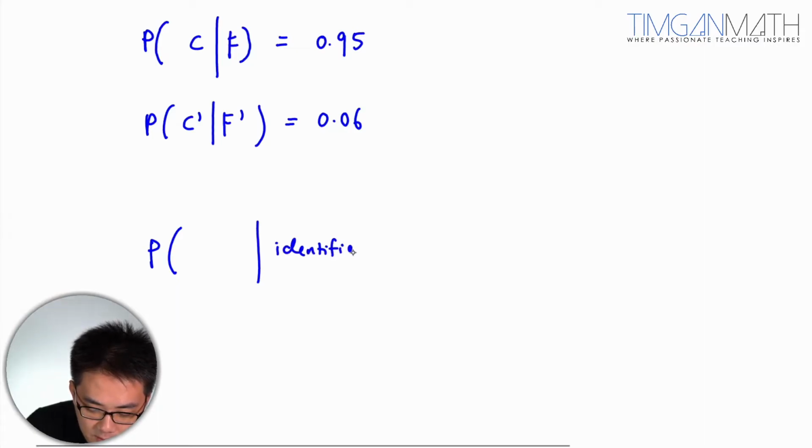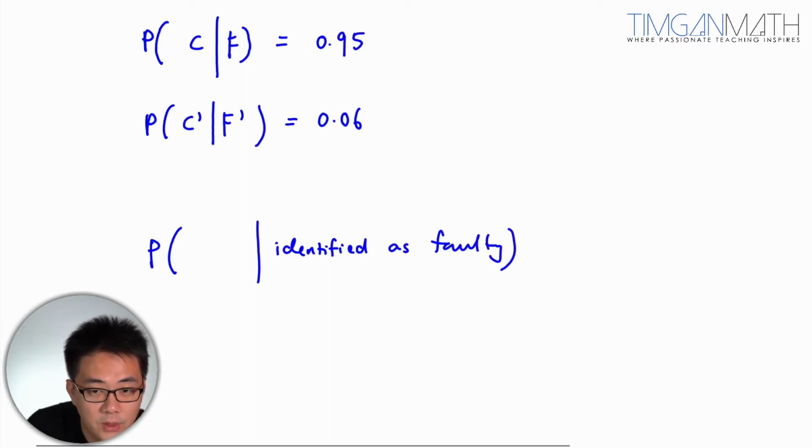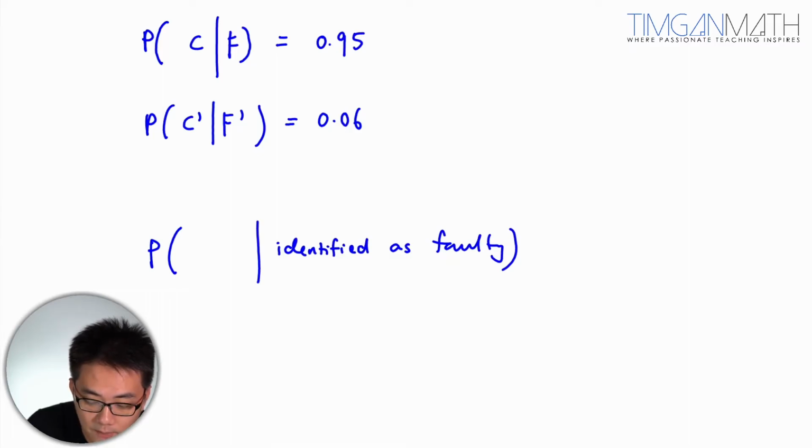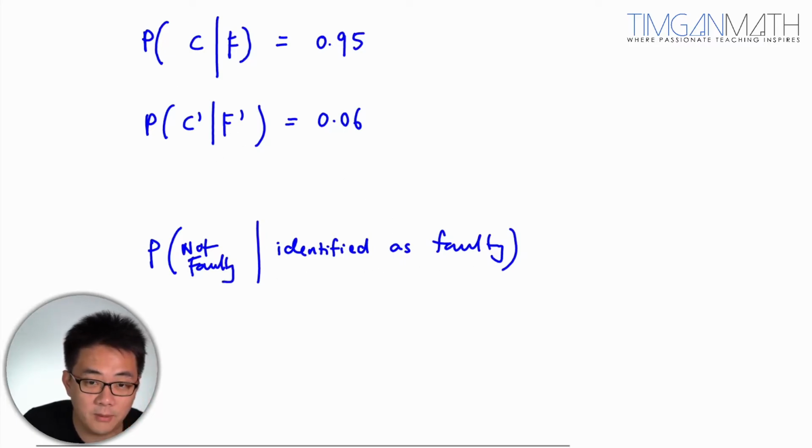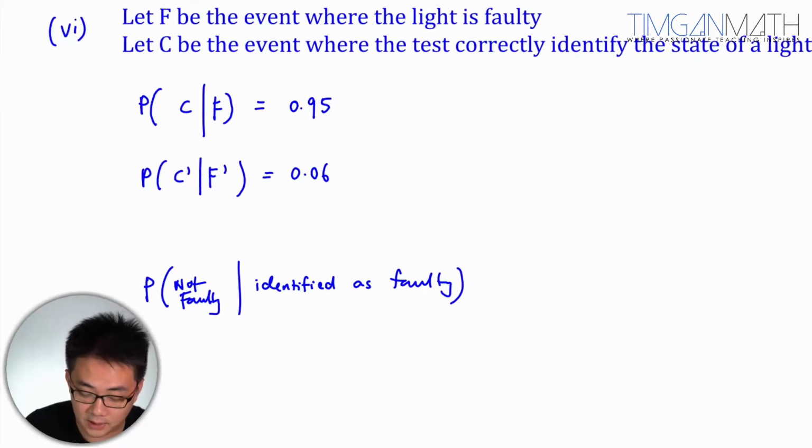This is one, and after which you also need not faulty. Okay, it may seem like you could express this in terms of C given F, but it's not. I'll try and explain later.